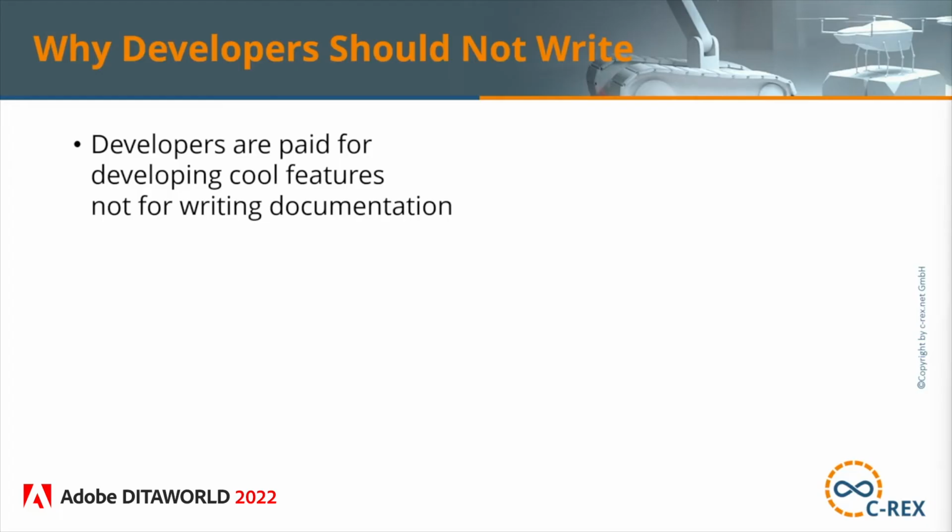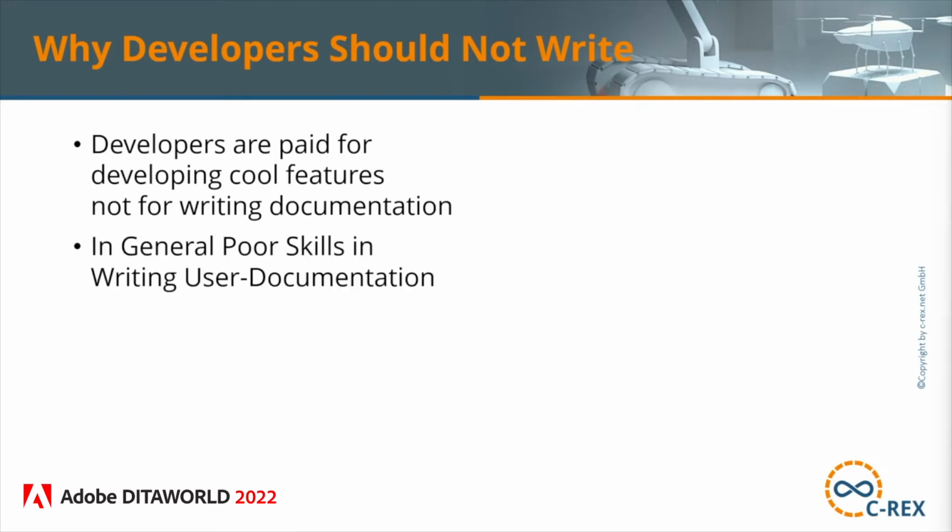Developers should not write because they are paid for developing cool features in our software. They are not getting paid for writing documentation at first. Developers have poor skills in writing end-user documentation, in general at least. And they are too deep into their problem domain.